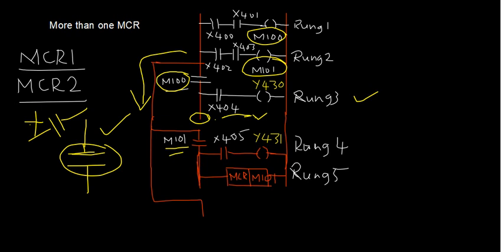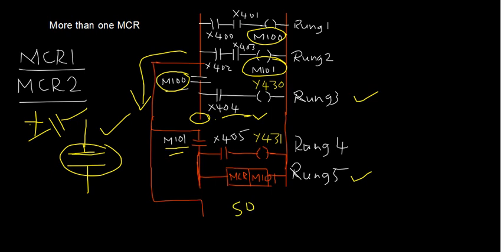And again in rung 5 you can see your master control relay M101 is getting reset, and this will go like this.